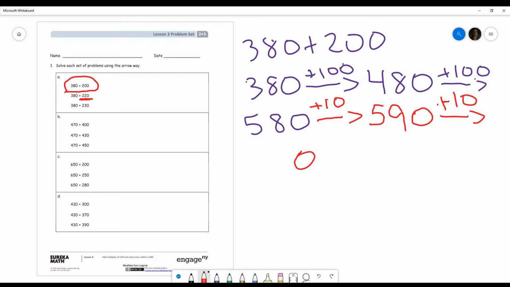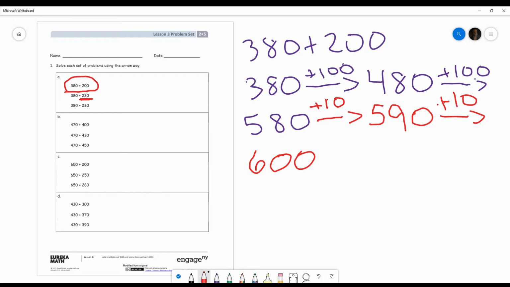We take the 100 and we add the 100 to the 100 spot. So this is going to be a 0 because 9 plus 1 is 10. And we're adding the extra 100. So 5 plus 1 is 6. So that's 600. So our answer for the second problem set is 600.